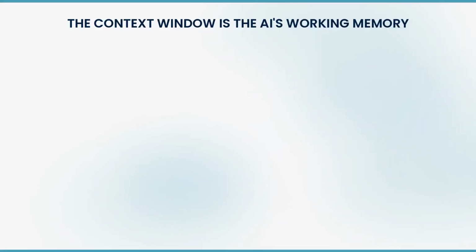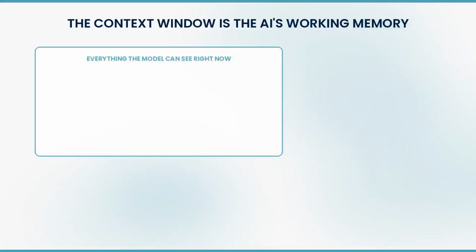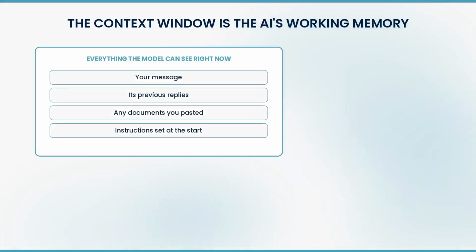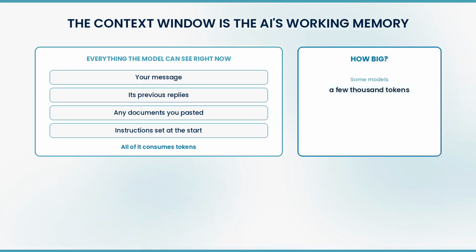The context window is the AI's working memory. Everything inside it is what the model can see right now: your message, its previous replies, any documents you pasted, any instructions set at the start. All of it consumes tokens. Models differ widely here, and the numbers have moved fast. Today's frontier Claude models run to 1 million tokens, which is roughly 750,000 words, or something like 8 novels.